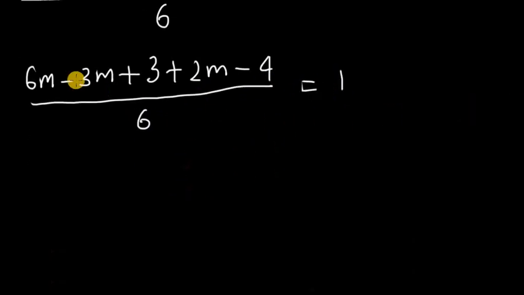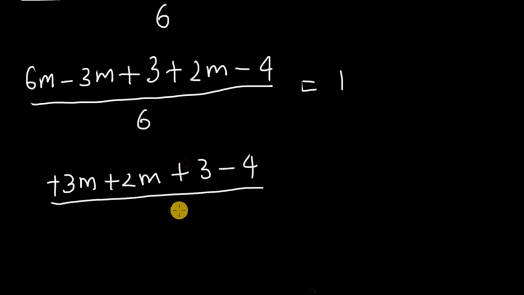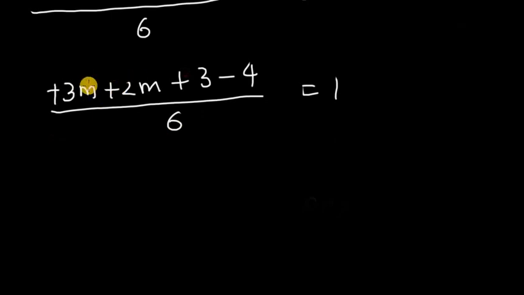Now let's simplify this. 6m minus 3m is going to be 3m, plus 3, plus 2m. There is a variable term, so let's add it with this. Then plus 3 minus 4, divided by 6 equals 1. Now let's add these two.